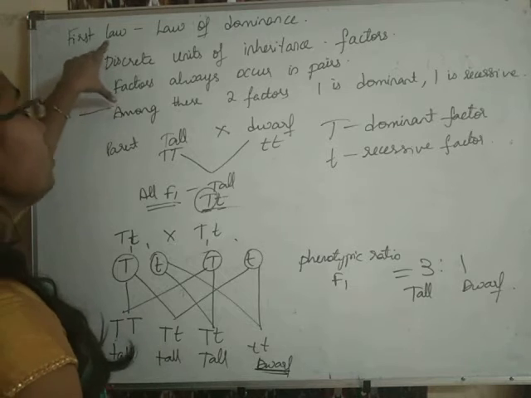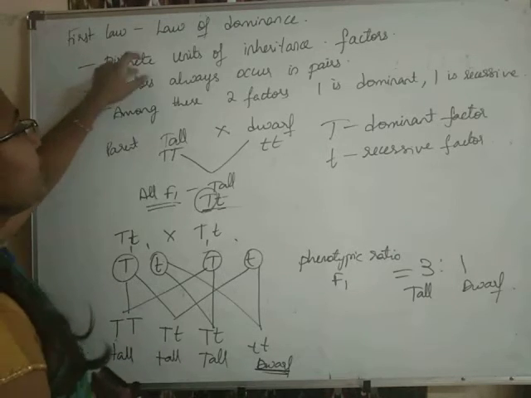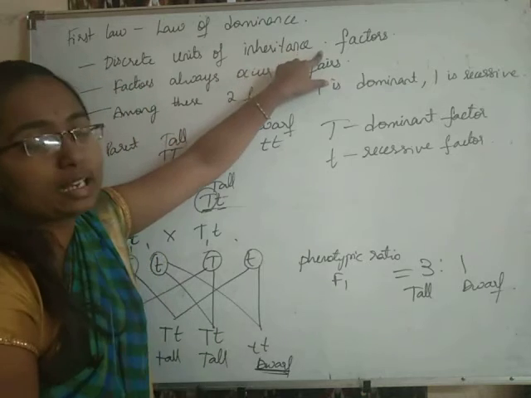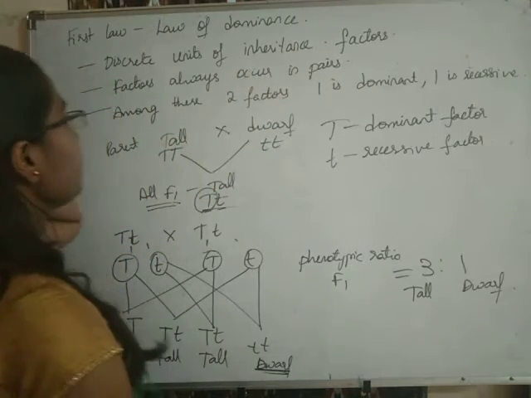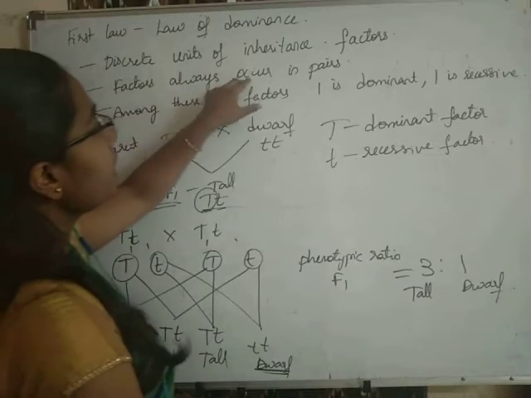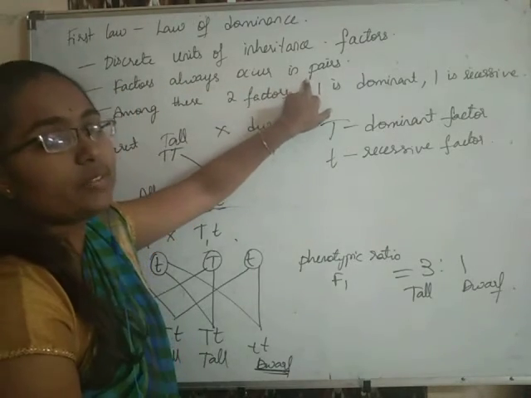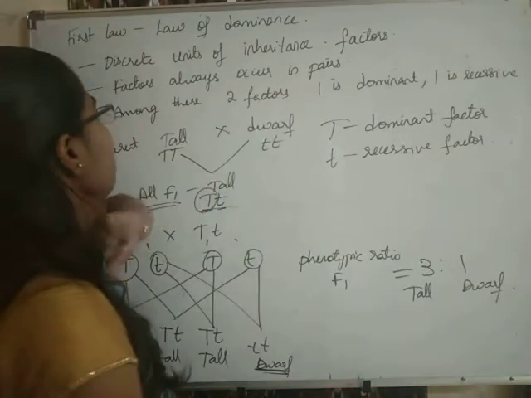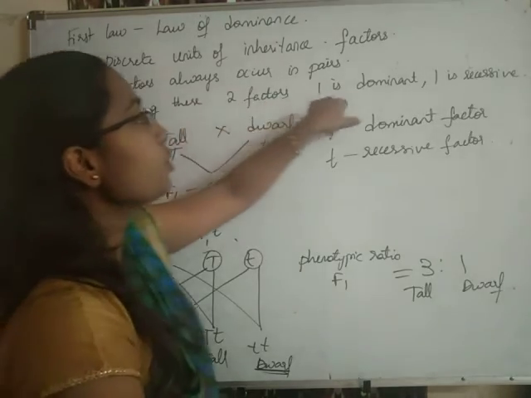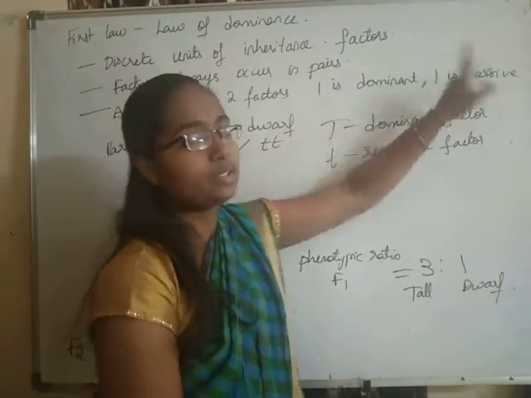That is the first law, the law of dominance. It says that there are discrete units of inheritance, called factors, which are passed from one generation to another. Factors always occur in pairs, and among these two factors, one is dominant and the other is recessive.